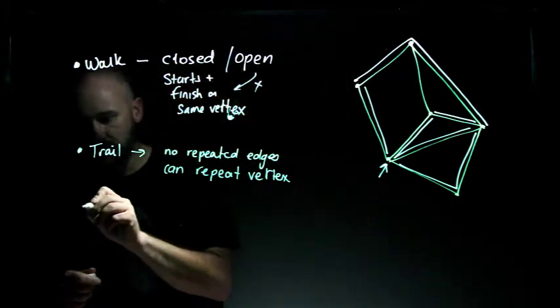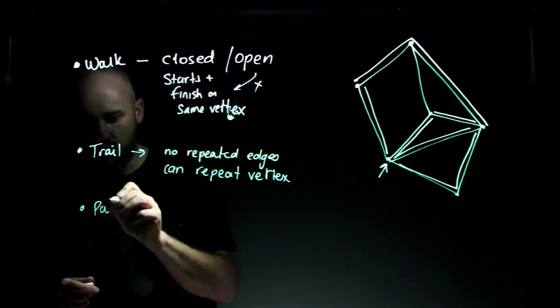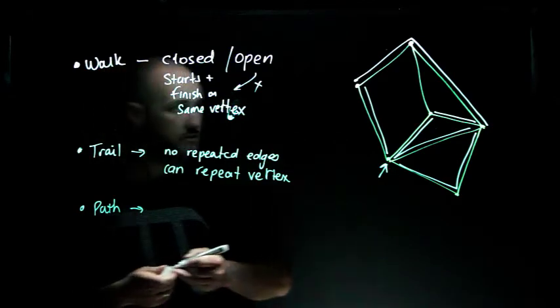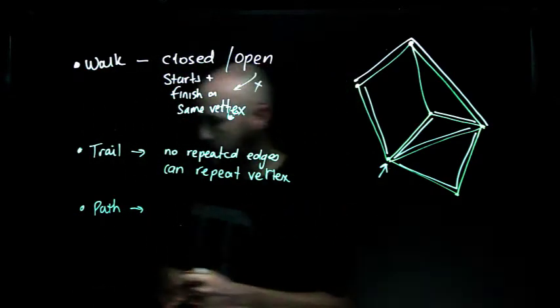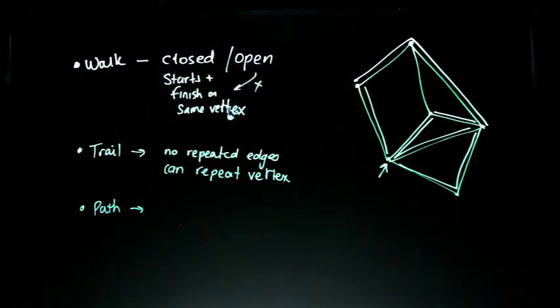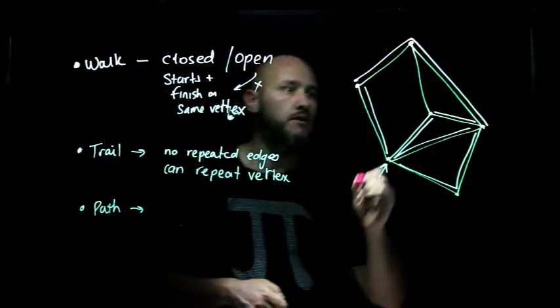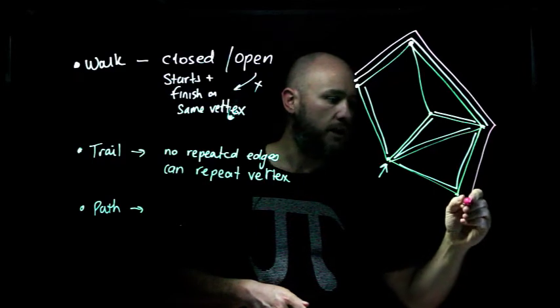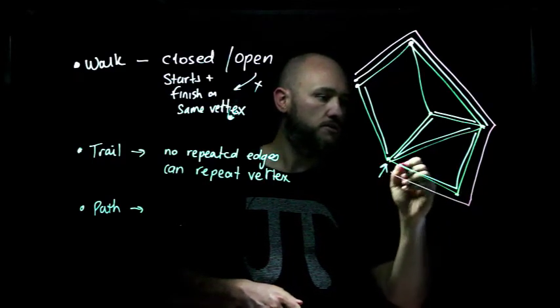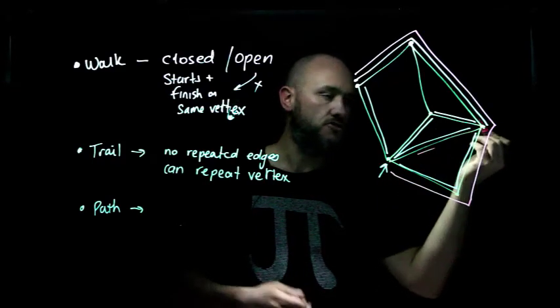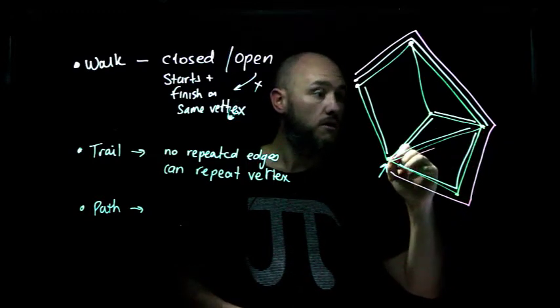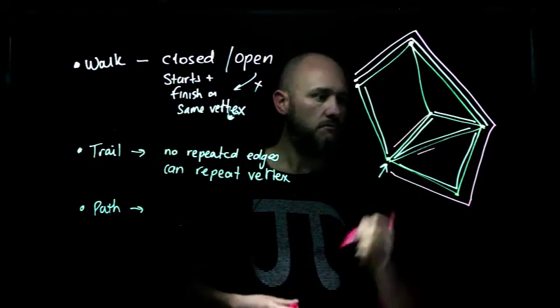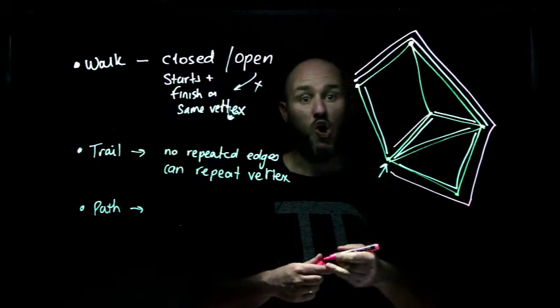Path, on the other hand, is a step further than that, a little bit more restrictive. A path is, this wouldn't be a path, but a path can do anything, but it cannot repeat an edge or a vertex. So if I go back along here, I'm back on that edge, it's not a path anymore. But I could go to there to here and finish there. That would be a path, but it would be an open path.